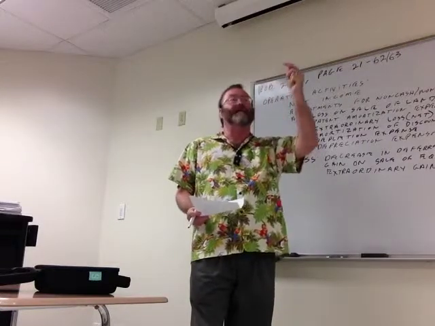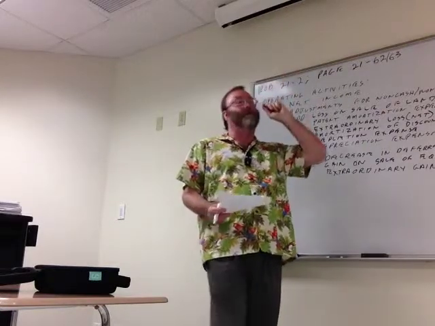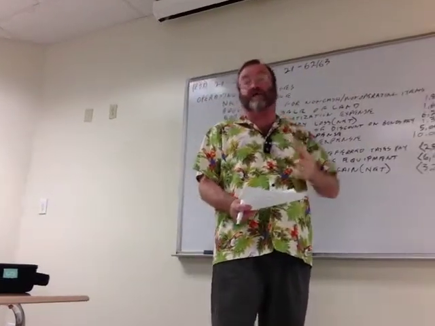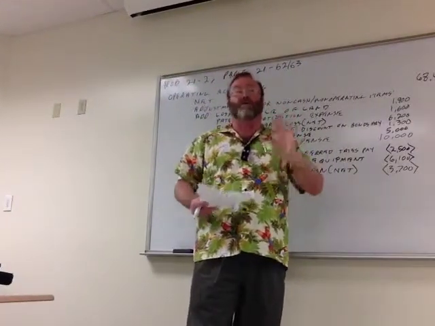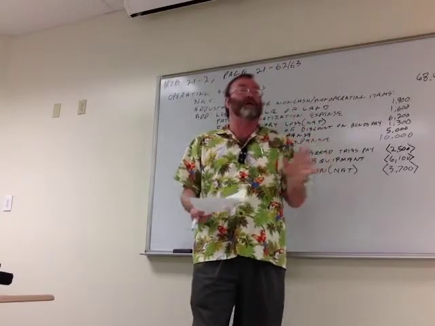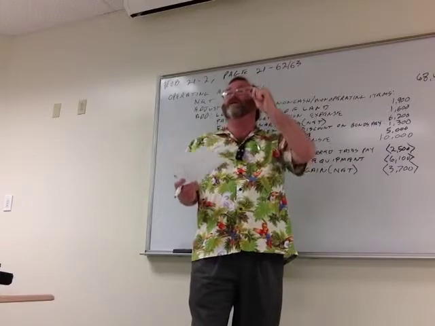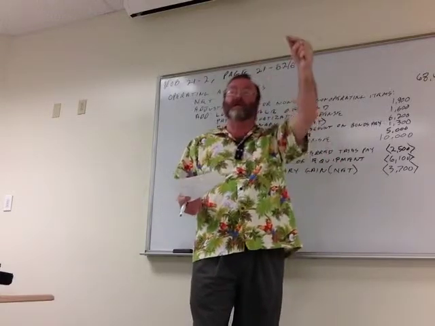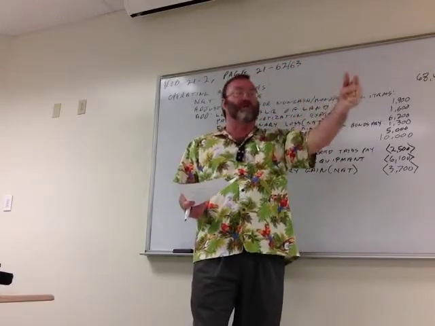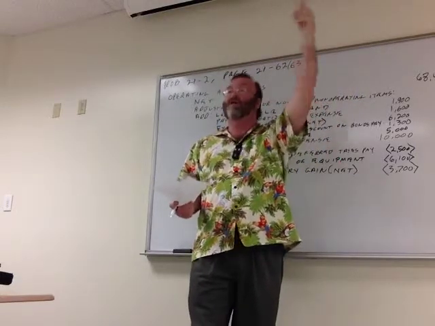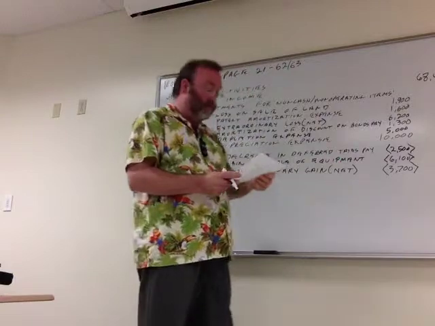So if we got a discount, that means that the bond was paying less than we, as an investor, wanted in order to make an investment of similar risk. So this is artificially increasing our interest revenue, thus artificially increasing net income.